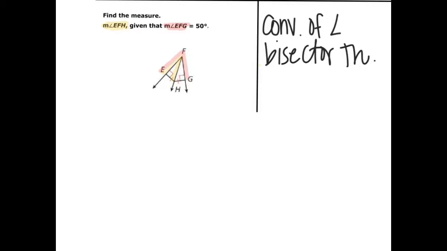What we could do is do what the book suggests and list our two measurements as a variation of what an angle bisector says. So what they suggest we do is we say that the measurement of angle EFH is equal to 1/2 the measurement of angle EFG.